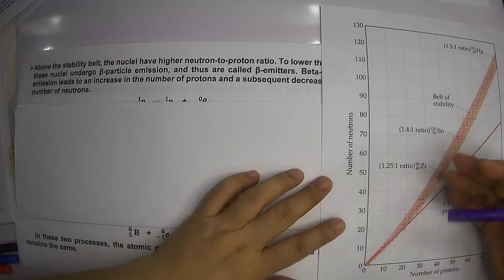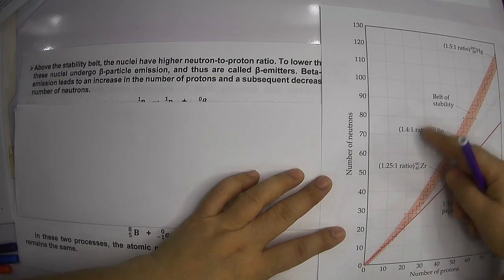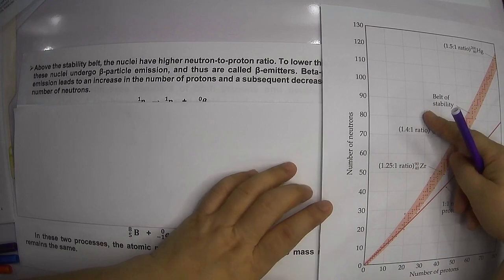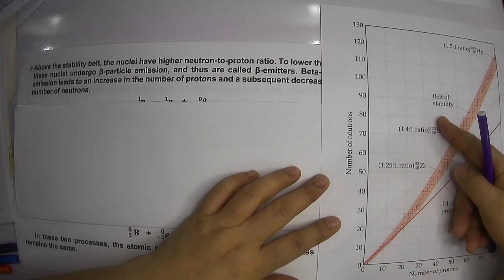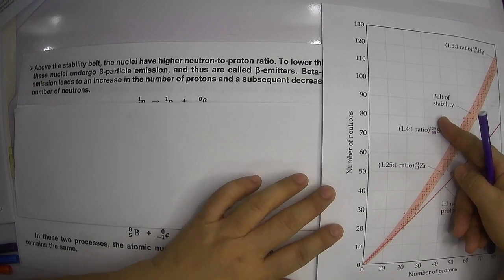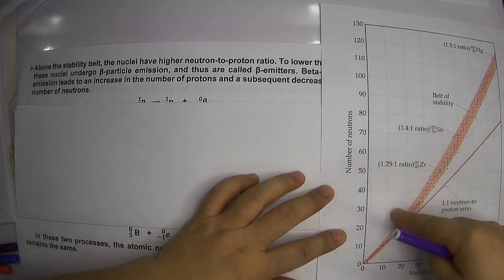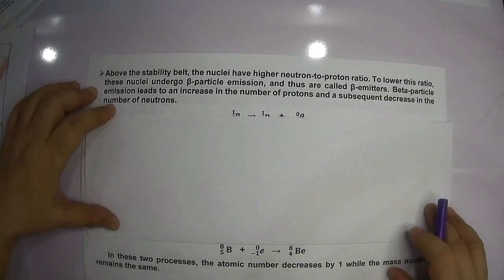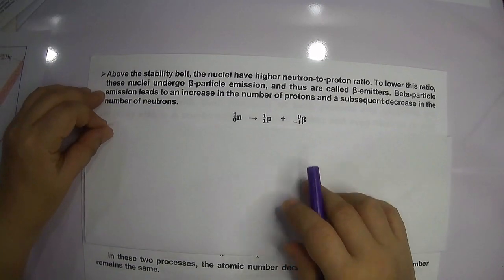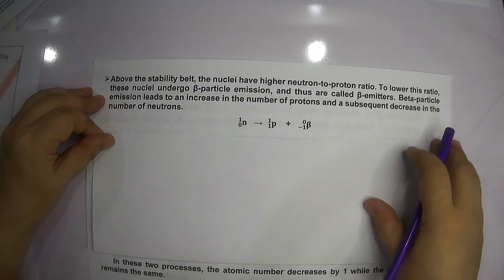we have here the rule. Above the stability belt, the nuclei have a higher neutron to proton ratio. To lower this ratio, these nuclei must undergo beta particle emission, and thus the nuclei that fall above the stability belt are called beta emitters. During beta particle emission, the number of protons increases and the number of neutrons decreases.